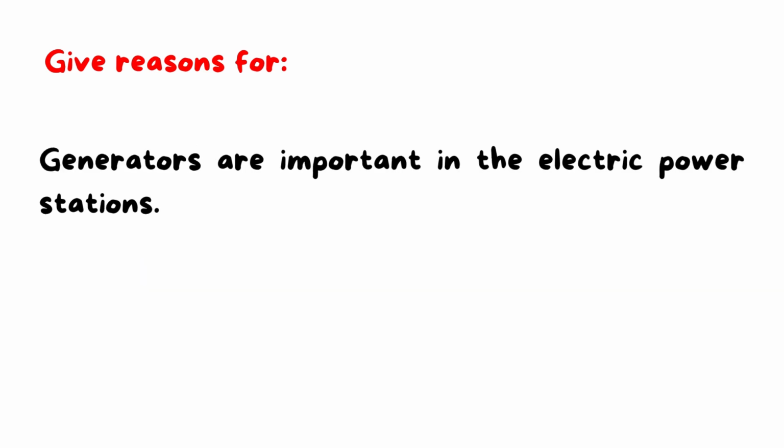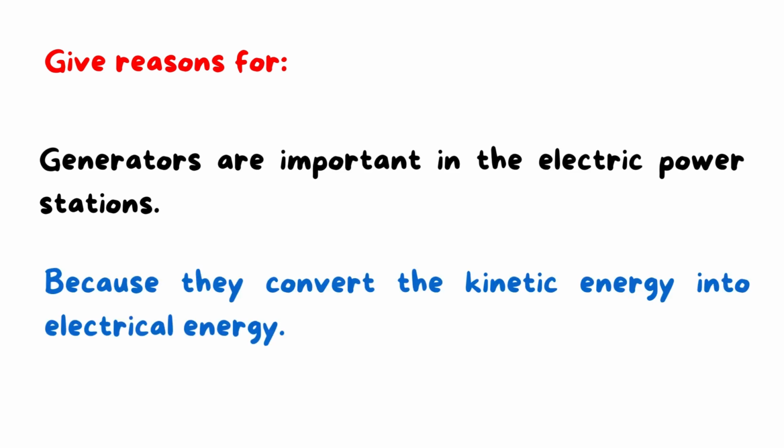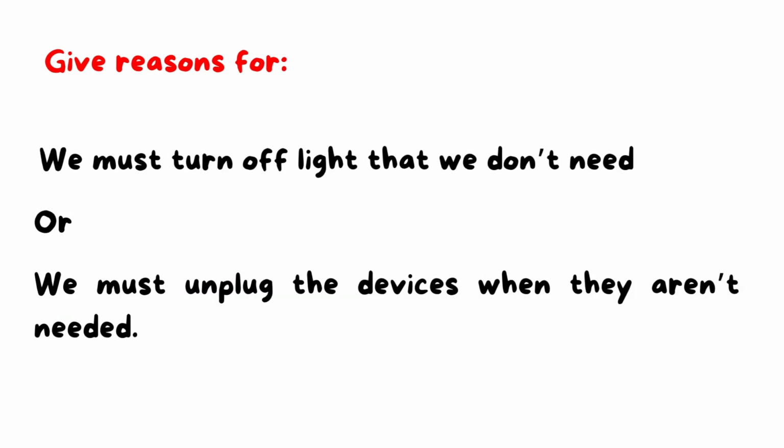Here we have give reasons for: generators are important in electric power stations. Why? Because they convert the kinetic energy into electrical energy. Okay, let's move to the last question. In the give reasons for, we must turn off lights that we don't need.